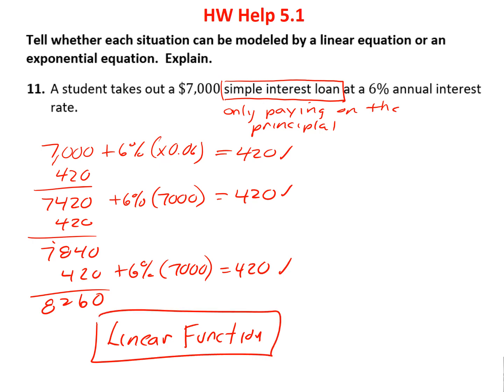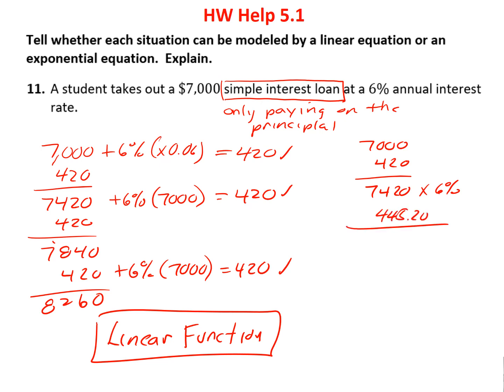Now, to get you prepared a little bit for what's going to happen when we talk about compound interest: you're going to have 7,000 plus 420 for the first year, but then you're going to multiply this by 6%, and that's going to be plus 445.20.